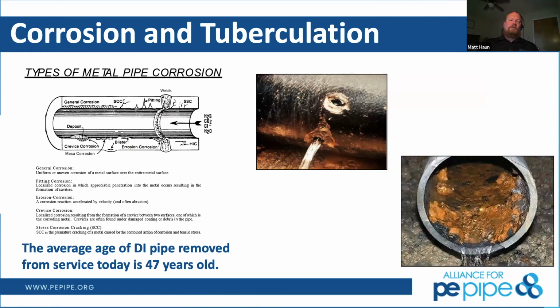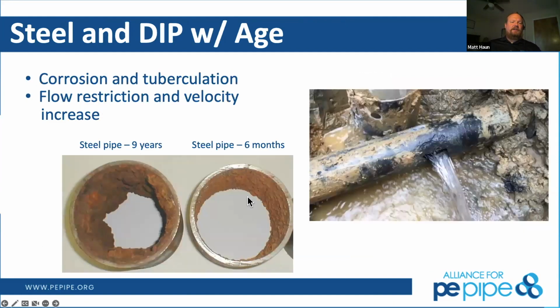And when we start talking about other materials like metallics, we have to bring up the concept of corrosion and tuberculation. Polyethylene doesn't rust, rot, corrode, tuberculate, or cause or support biological growth. That's one of my favorite expressions regarding the product itself, because we don't deal with this type of phenomenon in that environment.